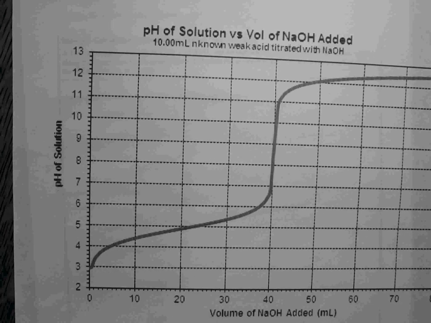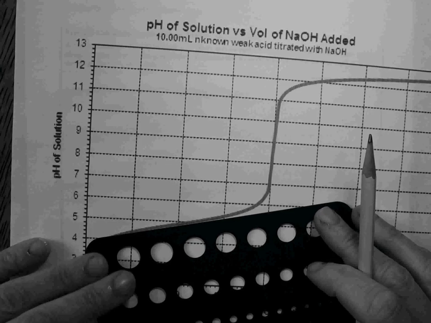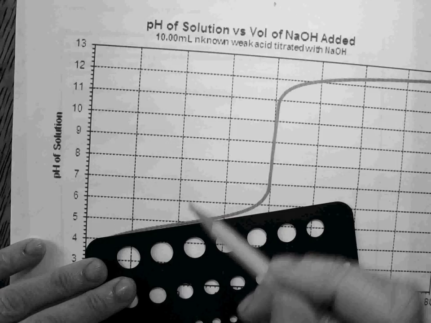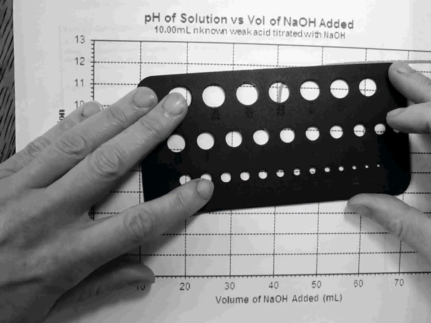Now the first thing we want to do is to determine the volume needed to equivalence, and that's determined by the portion of the curve that has the steepest slope, which is this portion here, and halfway up this portion of the curve is where the equivalence point is found.